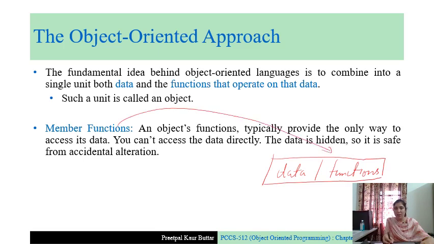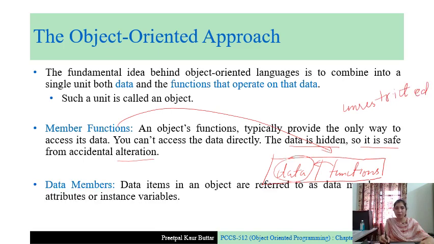The object's functions typically provide the only way to access this data. This data cannot be accessed by any other means. This data can be accessed only by these functions. So the data is hidden, it is safe from accidental alteration. This solves our second problem of unrestricted access. The data is not unrestricted anymore.